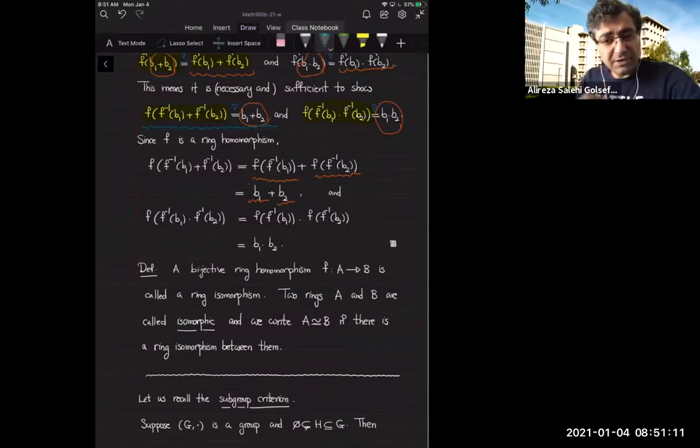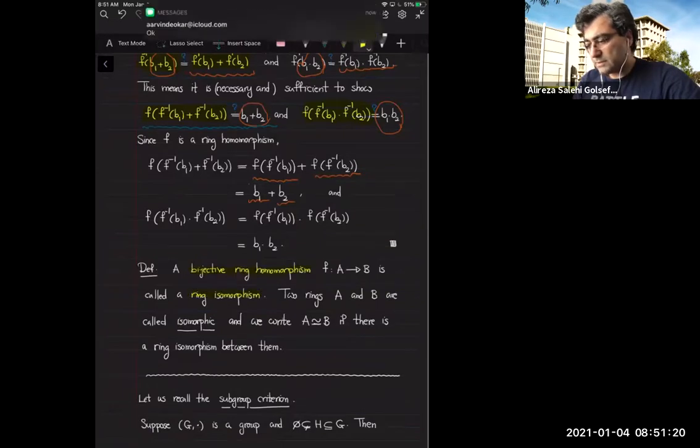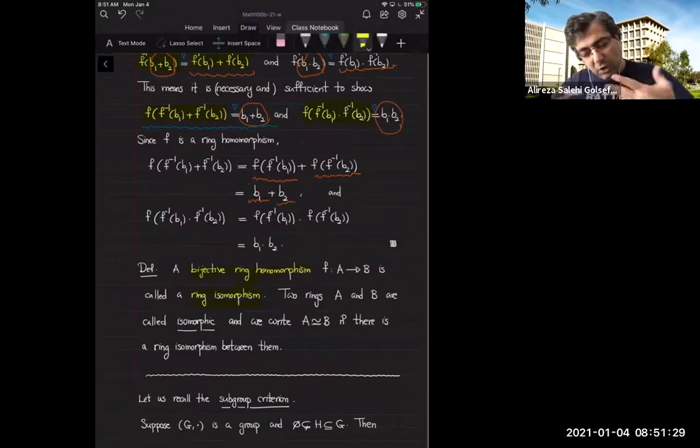A bijective ring homomorphism is called a ring isomorphism. So this we take as the definition of ring isomorphisms, and at the same time we call two rings isomorphic if there is a ring isomorphism between them, and we denote it by this notation.